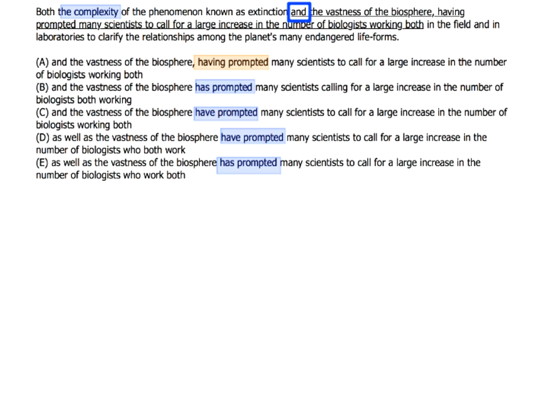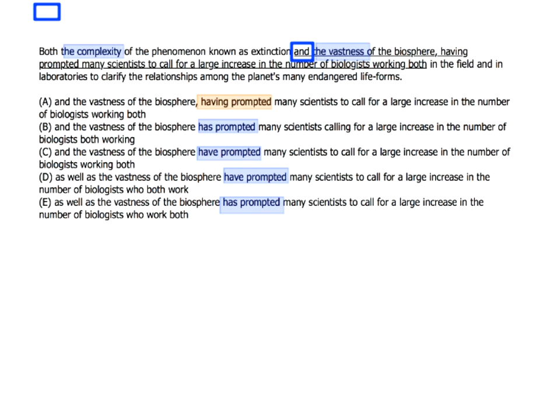So you have two subjects. Notice you've also got a parallel structure there. Both the complexity and the vastness. And also, remember, don't forget step one, which is what's the message of the sentence. So you don't want to go to the choices until you understand what the message of the sentence is.